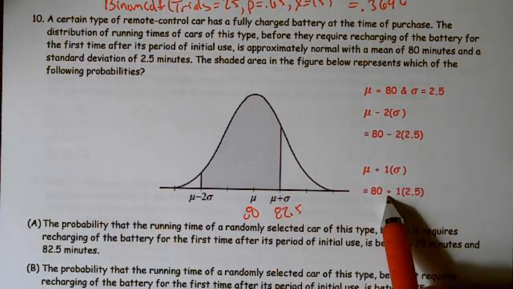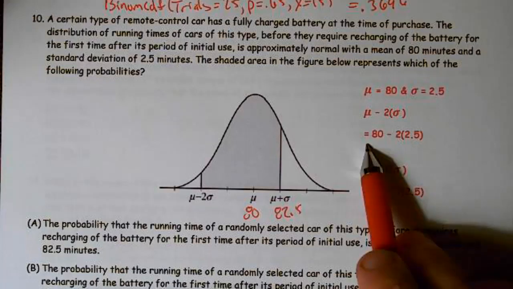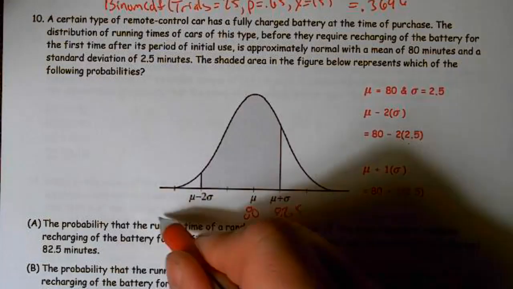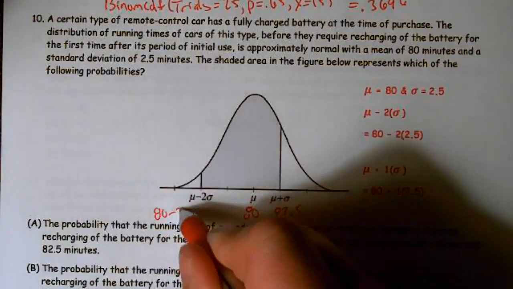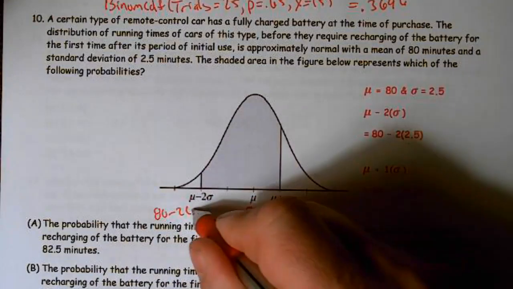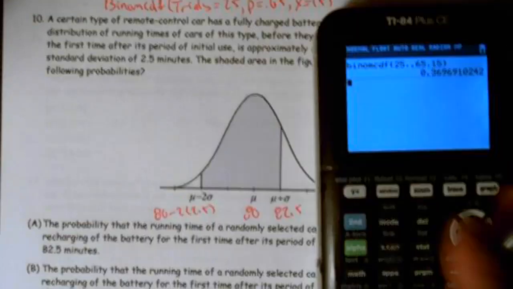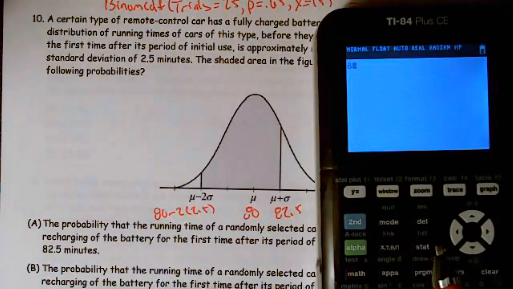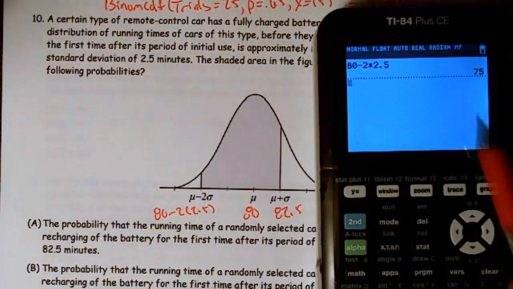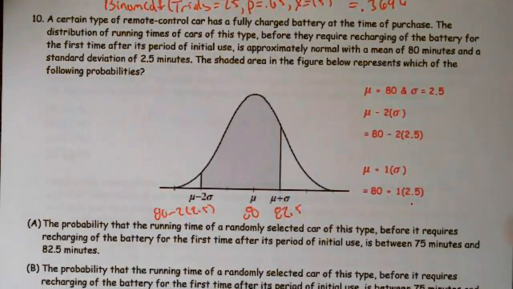Then that's 80 plus one standard deviation, and 80 minus 2 times that. So 80 minus 2 times 2.5, and that's 75.